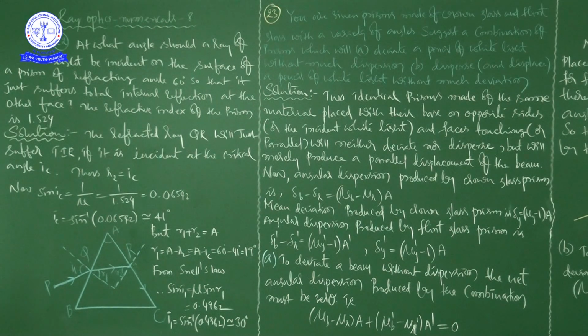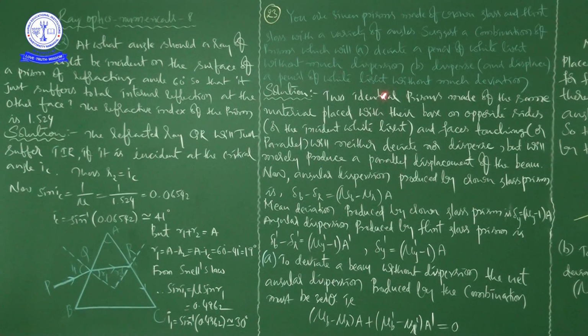It is 23. See here. First I will read the problem, then we will go for the solution. You are given prisms made of crown glass and flint glass with a variety of angles.